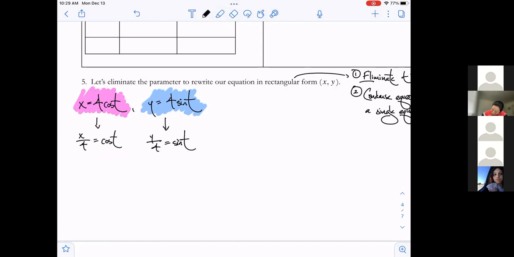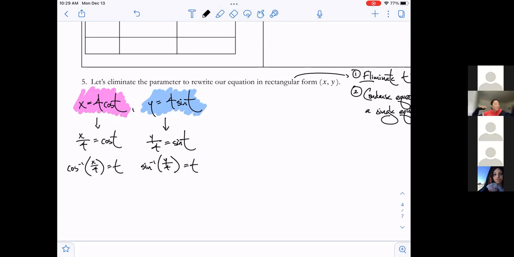Okay, nice. So we would have inverse cosine of x over 4 equals t. All right, what would we use if we wanted to use the inverse trig function on the blue equation? Inverse sine, right? So inverse sine y over 4 equals t.